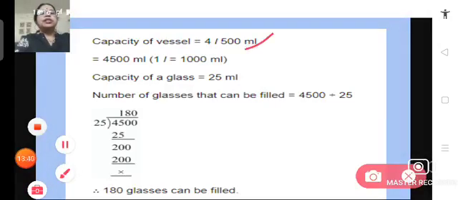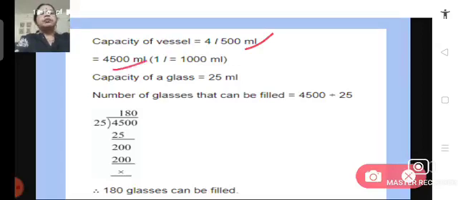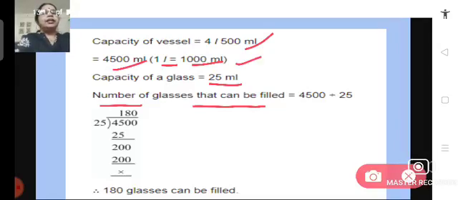We will convert this into milliliters. So it will be 4500 milliliters, because 1 liter is equal to 1000 milliliters. The capacity of the glass we have is 25 milliliters. To find out the number of glasses that can be filled, what do we do? We divide 4500 milliliters by 25 milliliters.